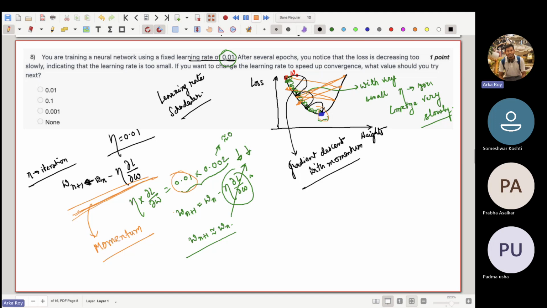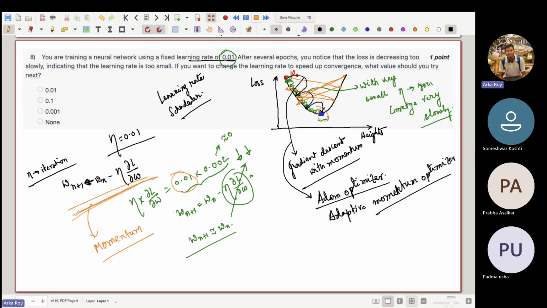So there are numerous techniques through which you can do this. A very popular technique which came in 2019 is called the Adam optimizer, which is the adaptive momentum optimizer.